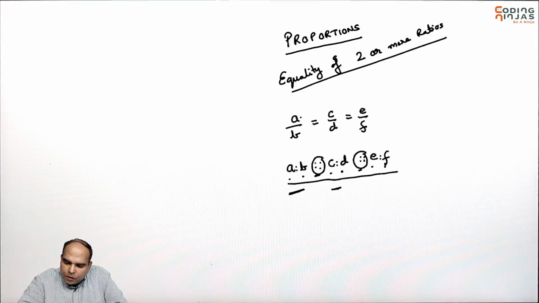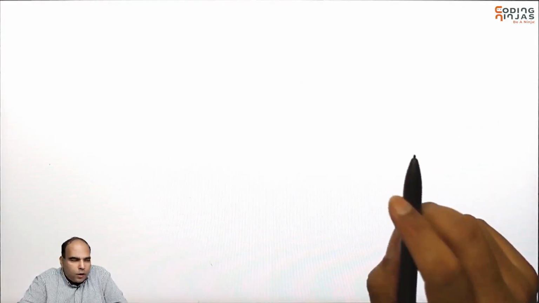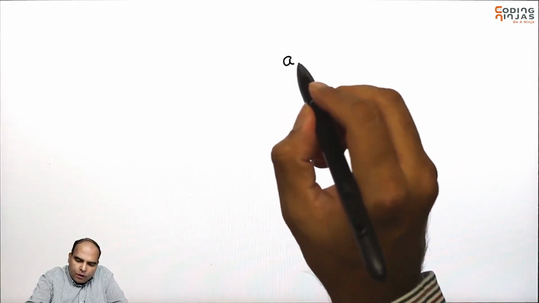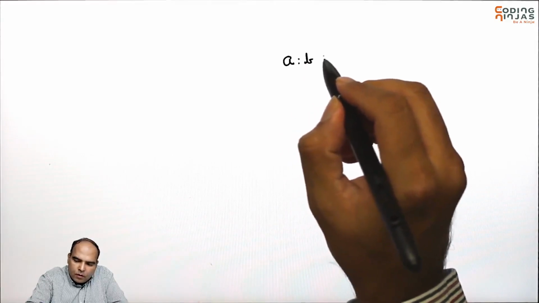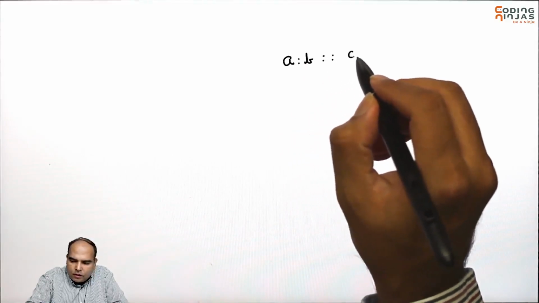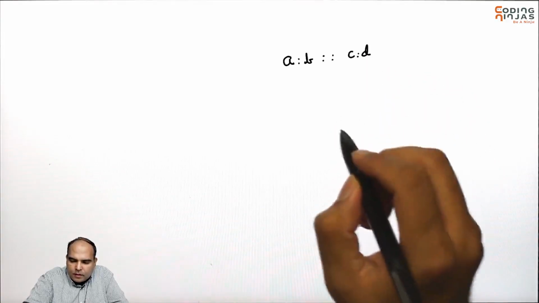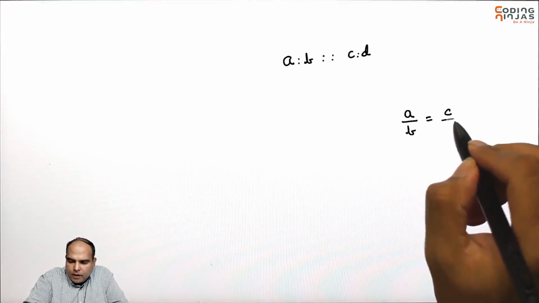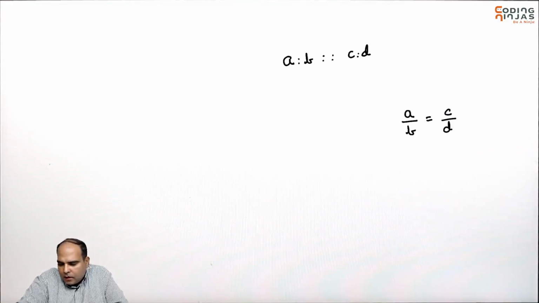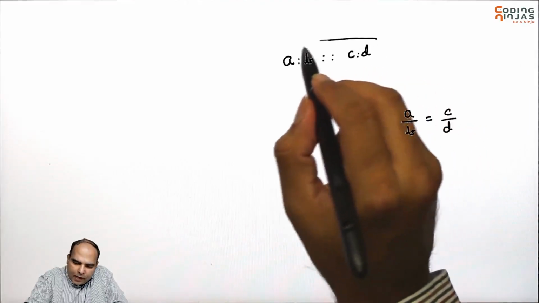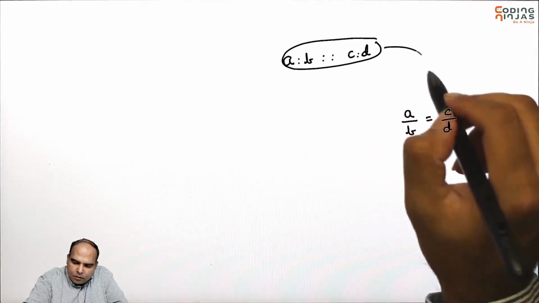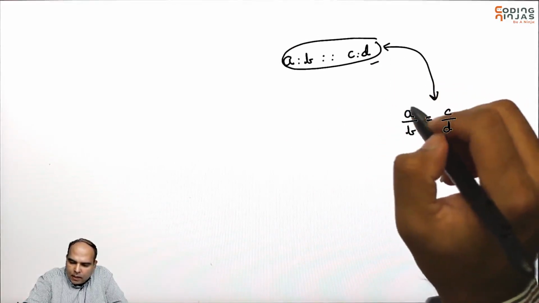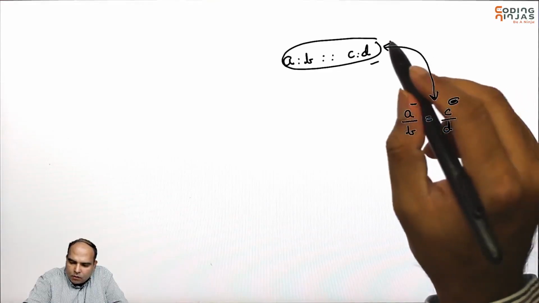And in a generic proportion situation where you have an equality of two ratios, A is to B :: C is to D essentially means A by B is equal to C by D. And in this way of writing, mathematically this converts to this only, and vice versa.